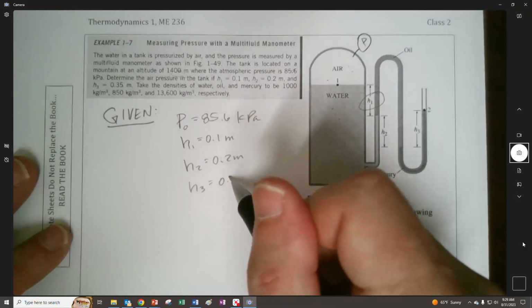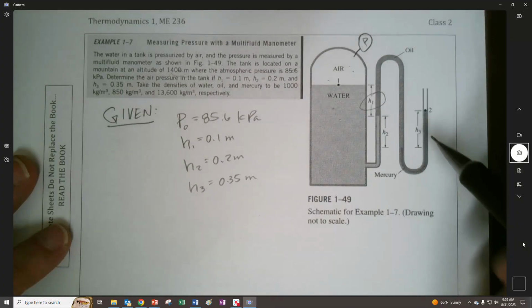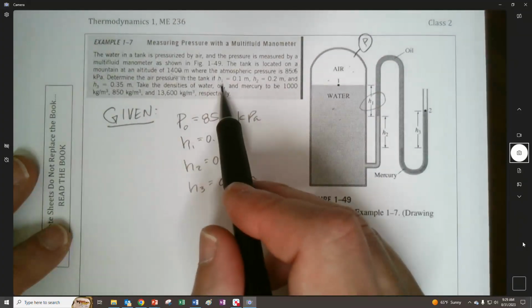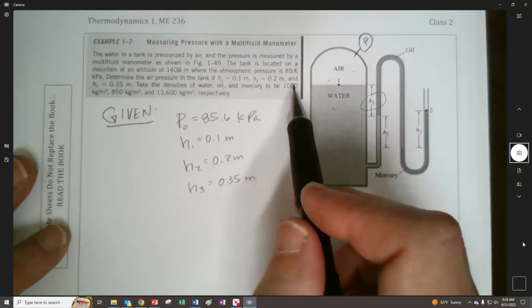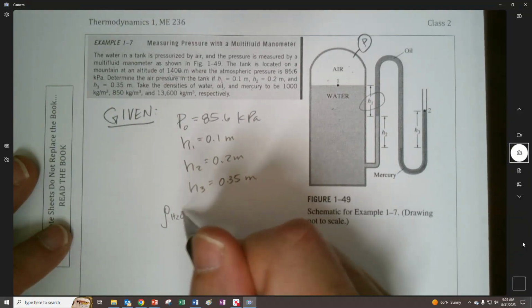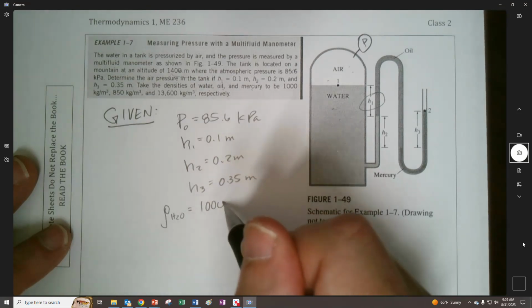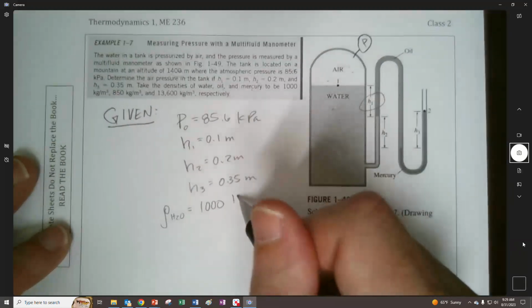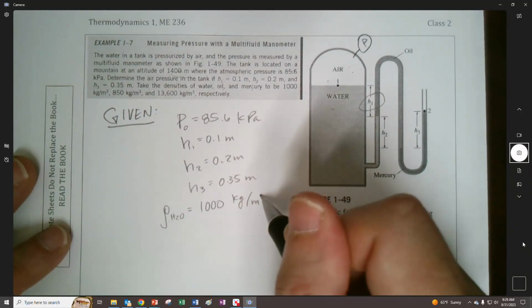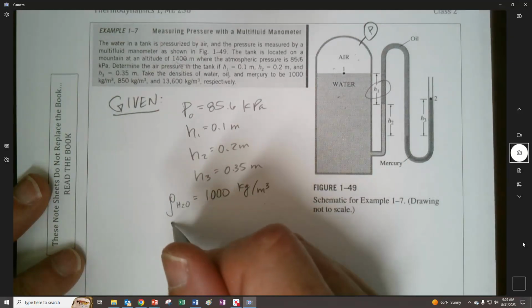No, they just messed with us. 0.35 meters. Take the densities of water, oil, and mercury to be, all right, so water, we go H2O. Sometimes I go WTR. I don't know. I'll mix it up. Keeping life exciting. 1,000, see this, I told you, 1,000 kilograms per cubic meter. That's what most people use, I think.